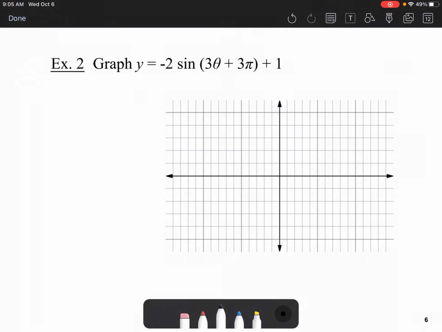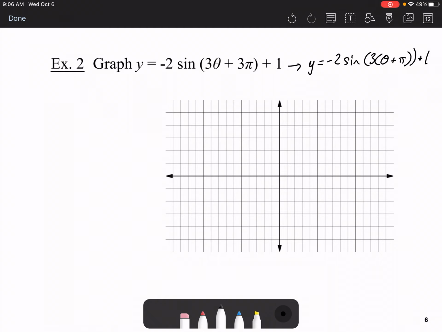Okay, so what we shall also review is some of our skills with sketching transformations of functions. Now please remember that you should always place transformed functions in fully factored form. So I can factor out that 3 from the theta and the 3 pi.